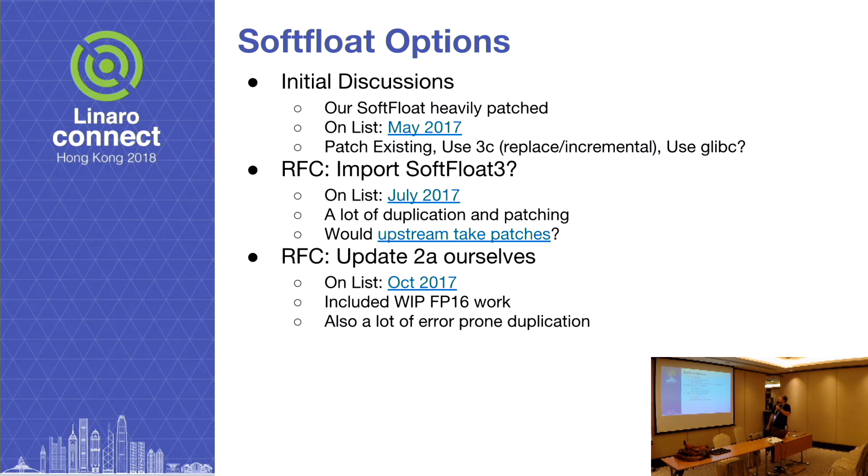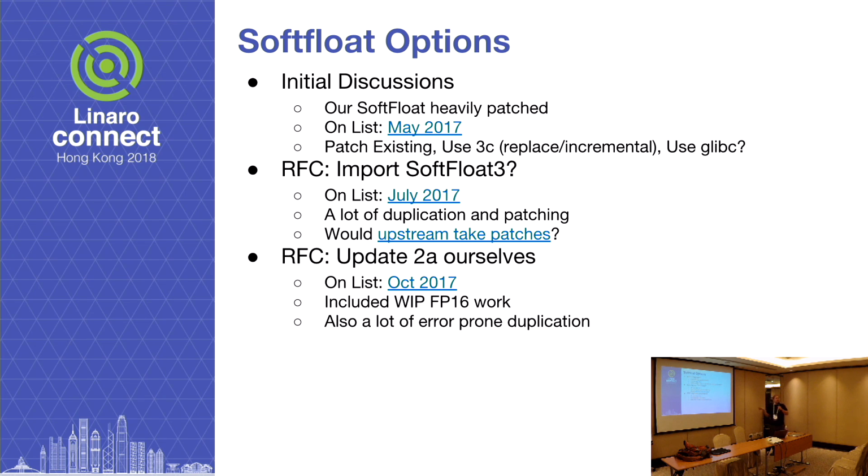So the first thing this led to was, well, how are we going to implement all these half-precision operations? There didn't seem to be an obvious way of doing it. So there was a discussion on the mailing list. We were either faced with the choice of patching our existing code, which was doable, but it would be a fair chunk of work.